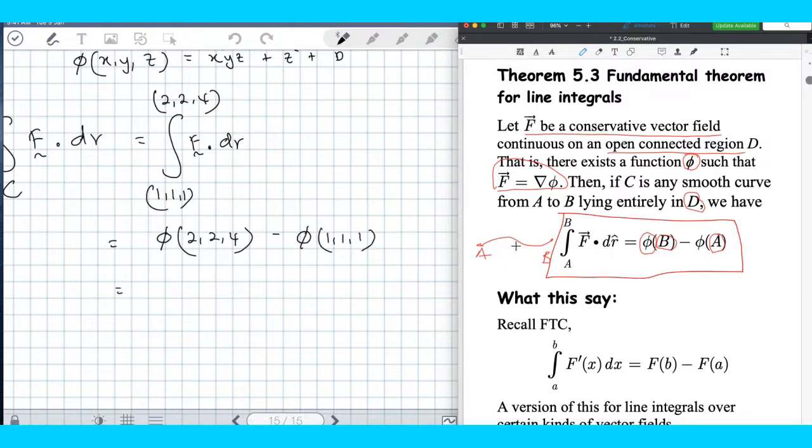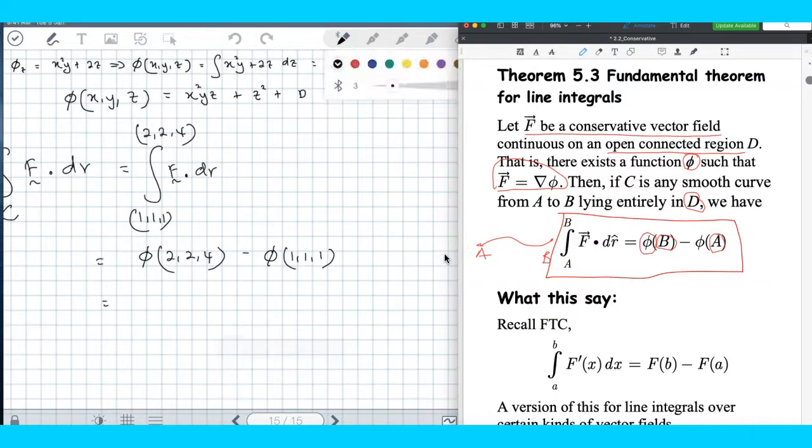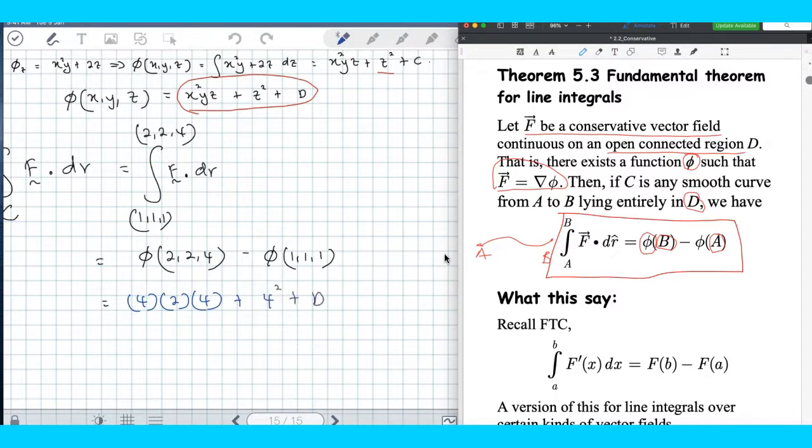We substitute the point (2, 4, 4) into phi, so you have 4 times 2 times 4, plus 4 squared plus d, minus phi at (1, 1, 1), which is 1 plus 1 plus d.